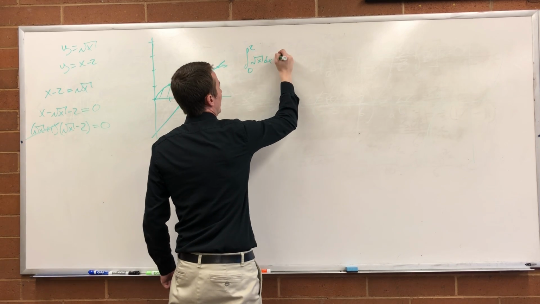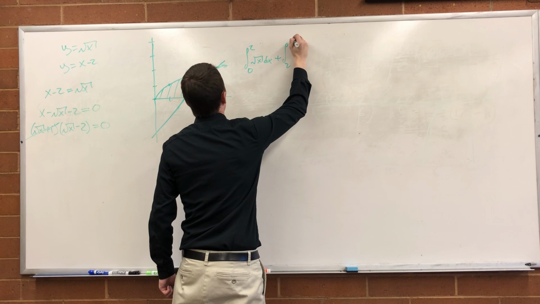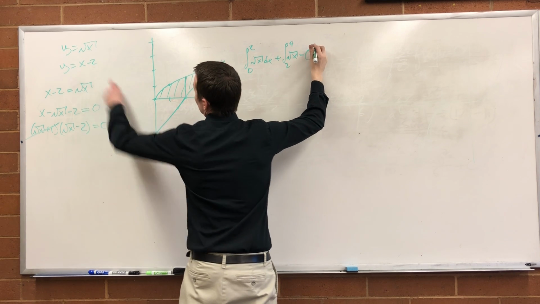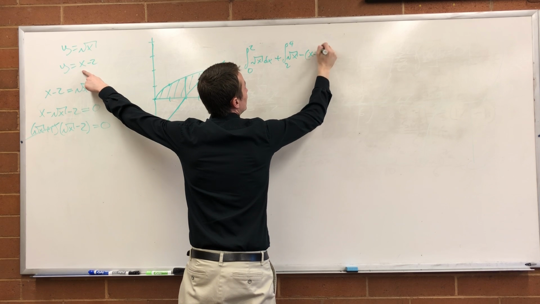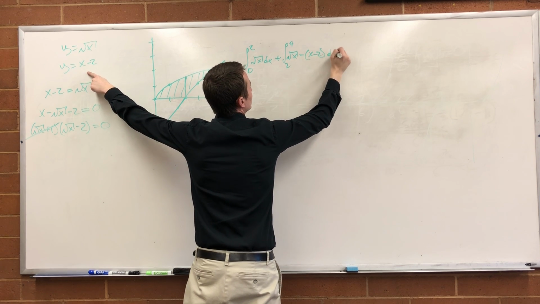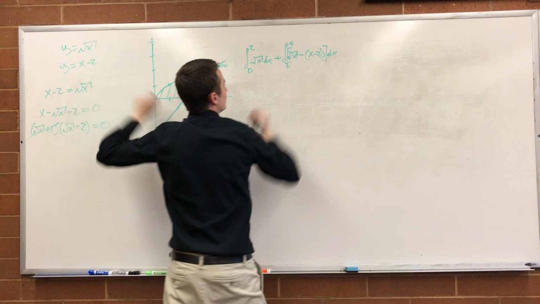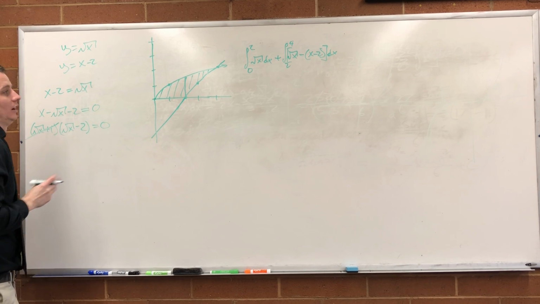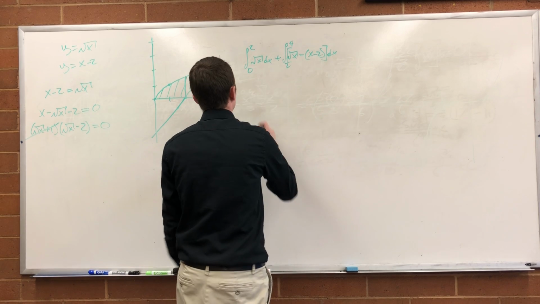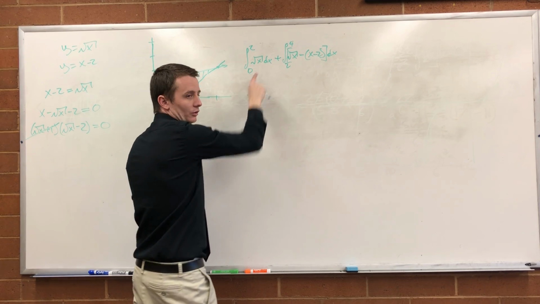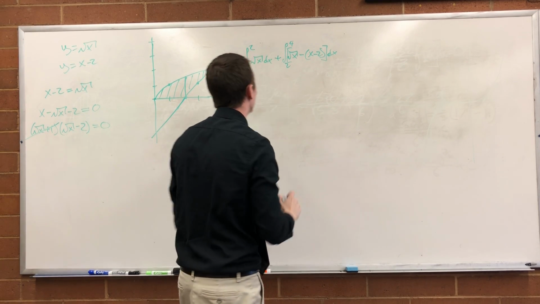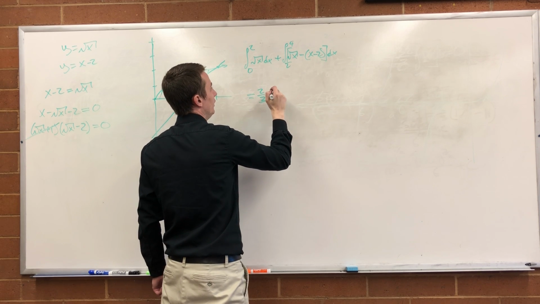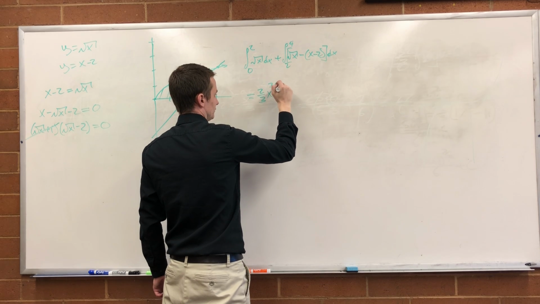So then we do plus the integral from 2 to 4 of the square root of x minus (x minus 2) dx. You follow me? Okay, and then from here on out, it's really easy. What's the integral of x to the 1/2? 2/3 x to the 3/2.